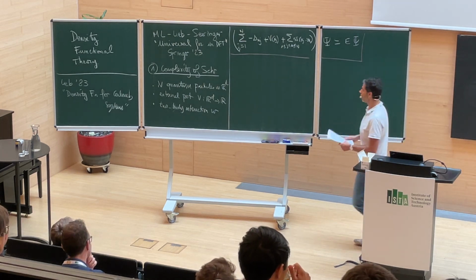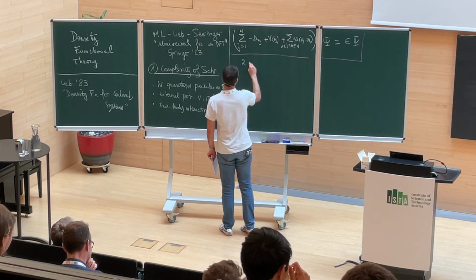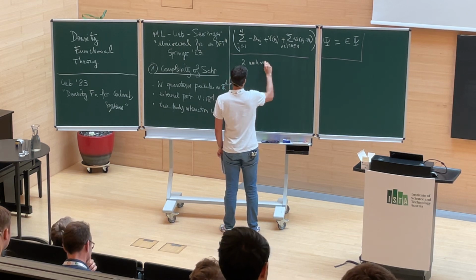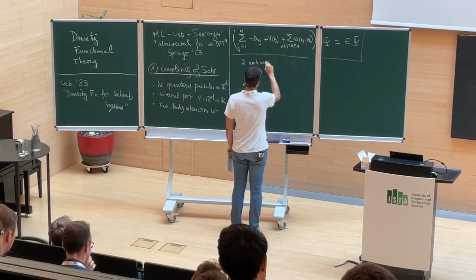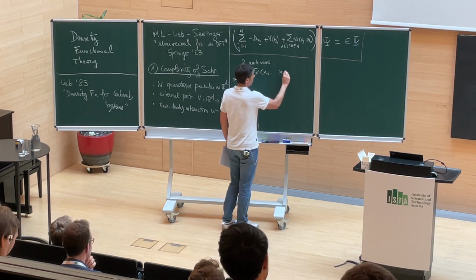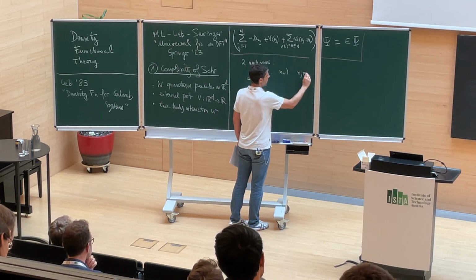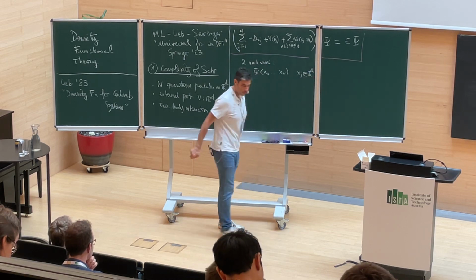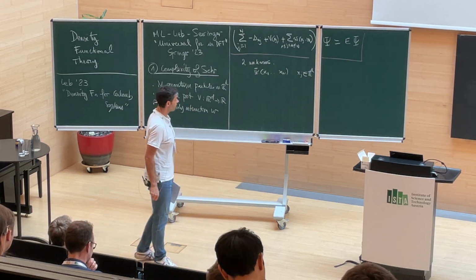Okay, so there are of course two unknowns. The first is psi. So psi is a function of N variables, but each x_j is in R^d, so it's really a function of d times N variables.